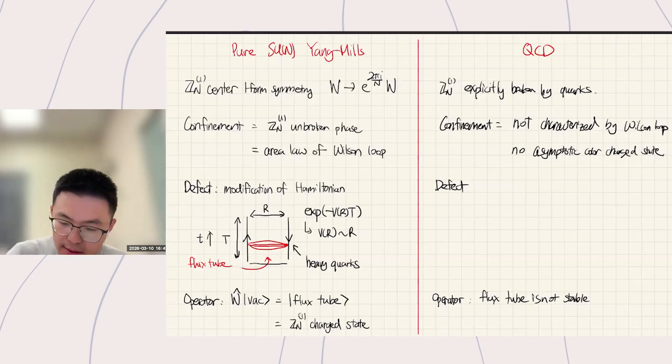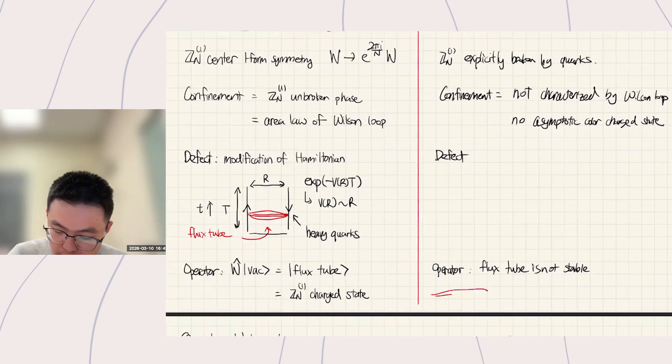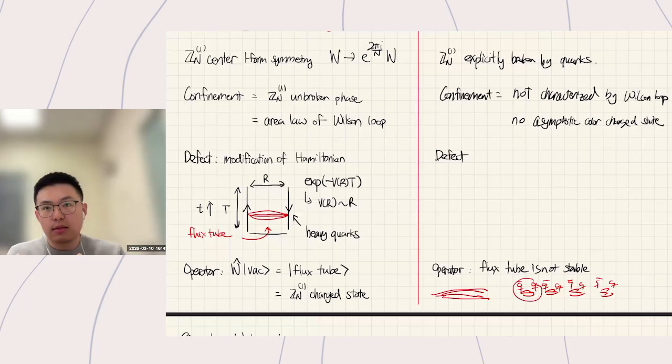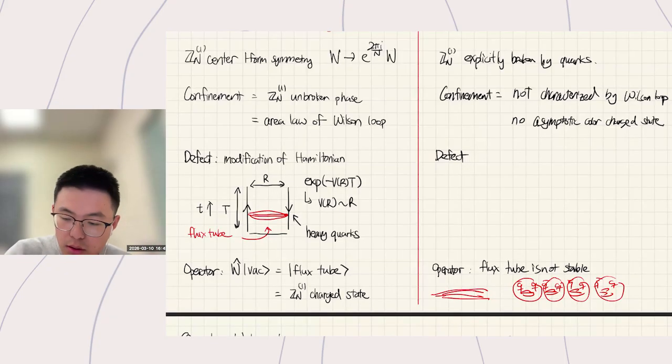This is simply the fact that if you start with a flux tube state, you can proliferate some quarks or pair create some quarks to break the flux tube into tiny little mesons. Okay. So flux tubes would just decay into a bunch of mesons if there are light quarks in the story.